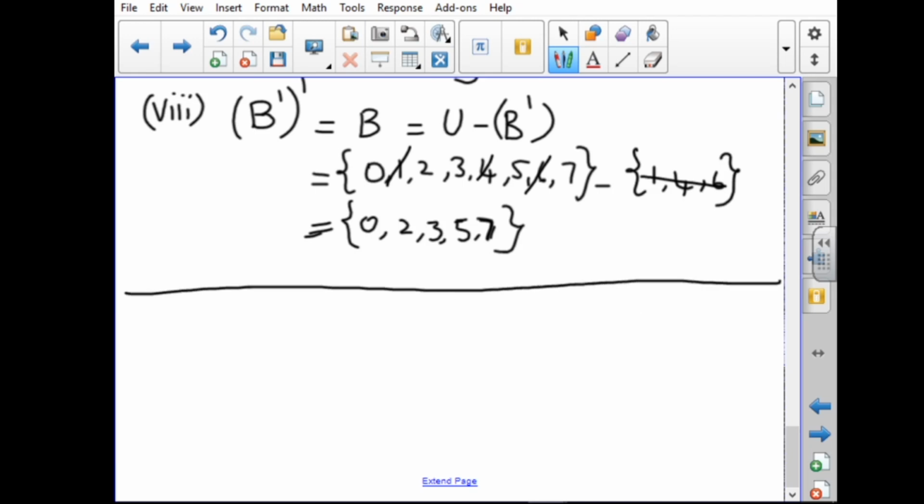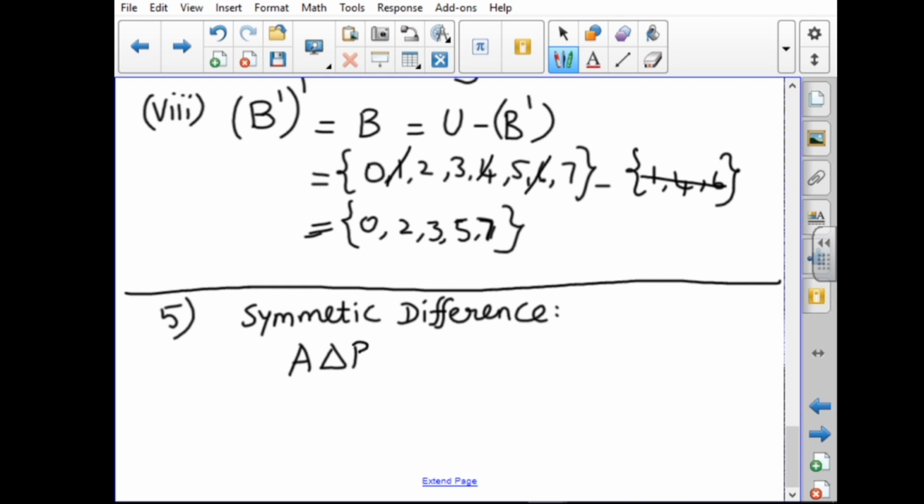Then the next question, question number 5. The first question is homework for you. Find the symmetric difference between the following sets. We already know the symmetric difference formula is A delta B. You can use any one of the two formulas as you wish.